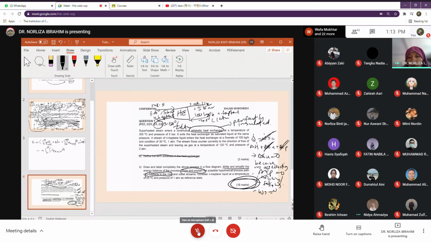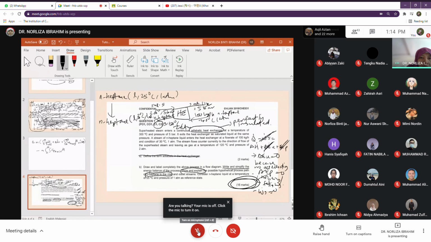Okay, only 1. Now the explanation, because you have to detail out the explanation and give more compared to the previous question. So for this first one, N-heptane, liquid, 25 degrees C, 1 atm, to N-heptane, liquid, 30 degrees C. This is for the inlet.